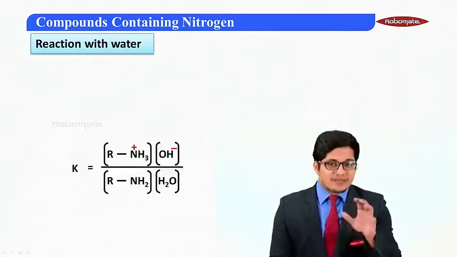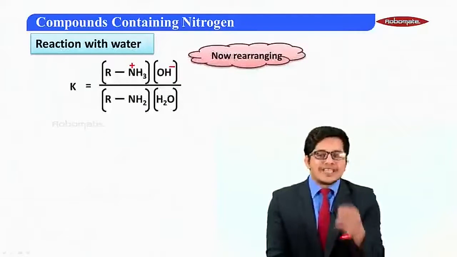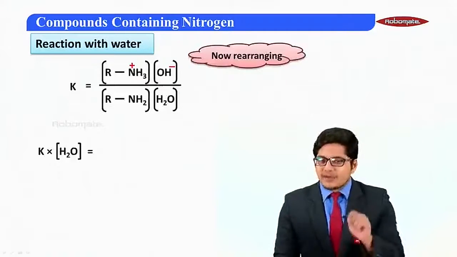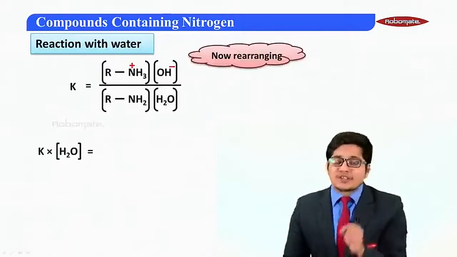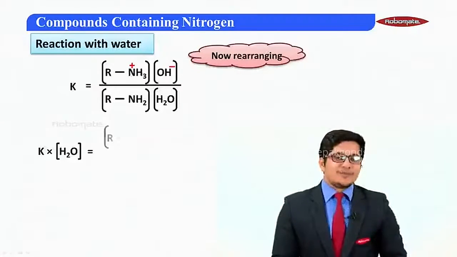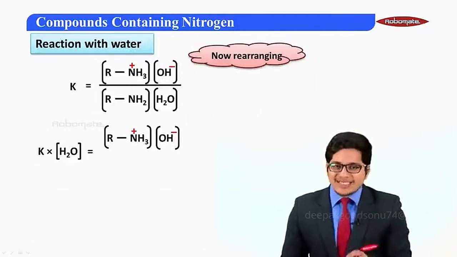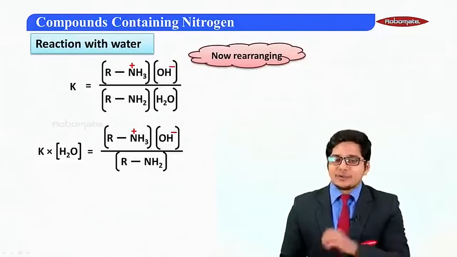If this is rearranged by taking water to the other side, we get K into the active concentration of water equal to RNH3 positive into OH minus divided by RNH2.